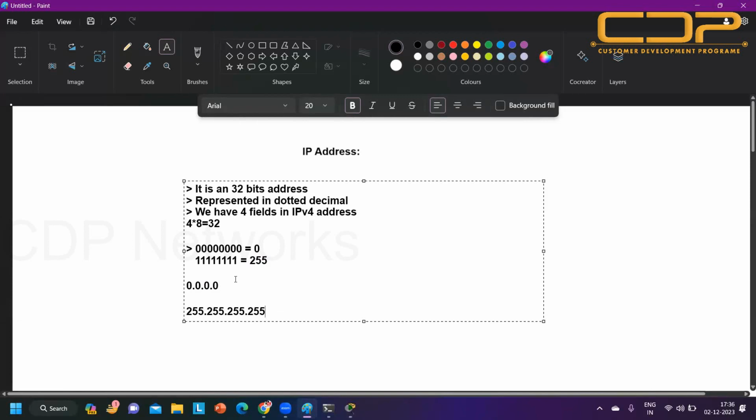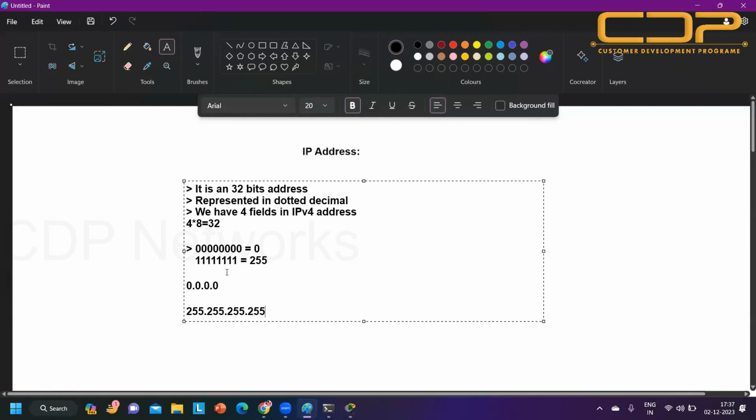255.255.255.255. See, if you don't know IPv4 addressing, first, it is a 32-bit address. We divide it into 4 parts. Each part carries 8 bits of information, and with the help of 8 bits, we can represent decimal values from 0 to 255.